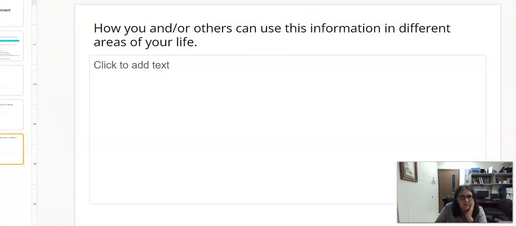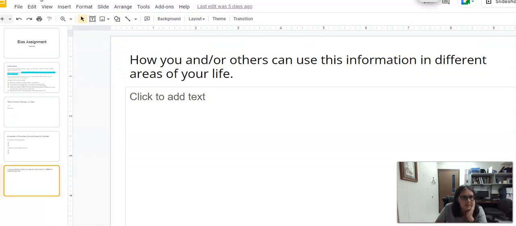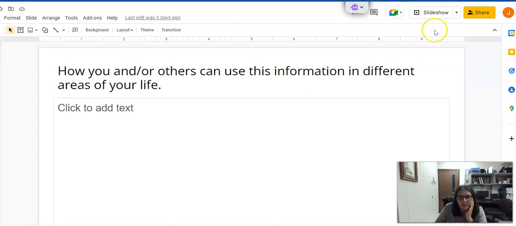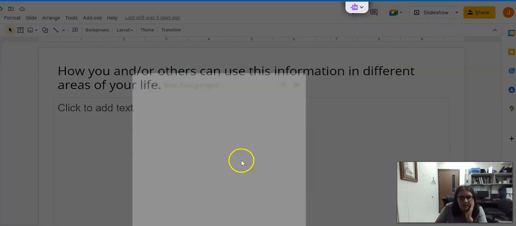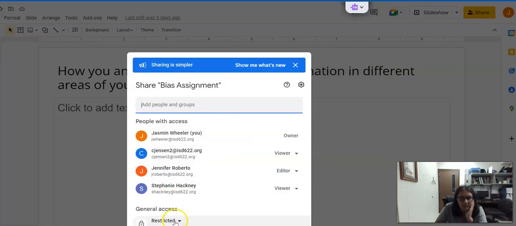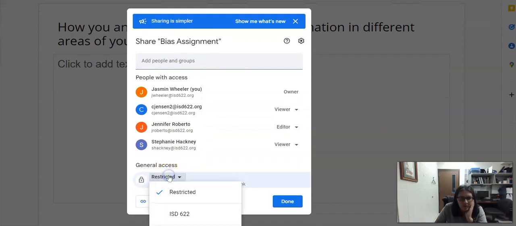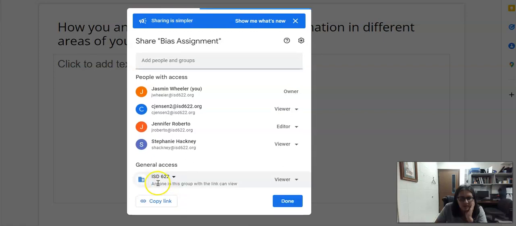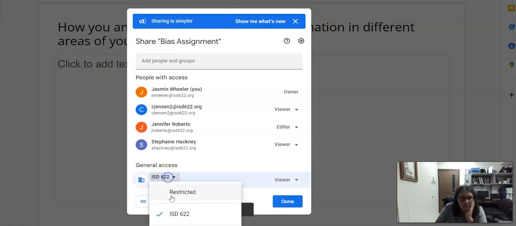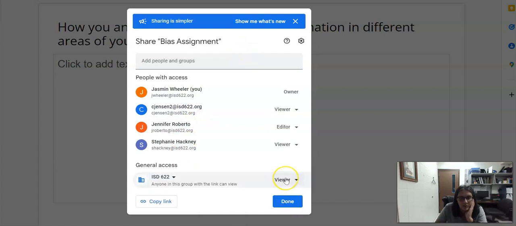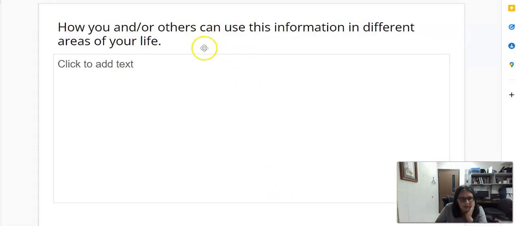An example: if I was going to post it to my discussion board, I have to change the share settings. Instead of restricted, make sure it says ic622.org, or you could choose anyone with the link, and leave them as viewer. Don't change it to edit. You just want them to be able to look at it. Hit copy link, and then hit done.